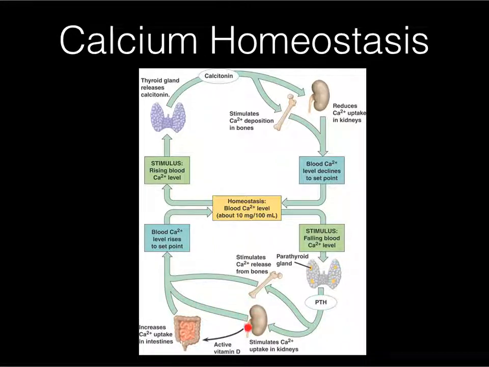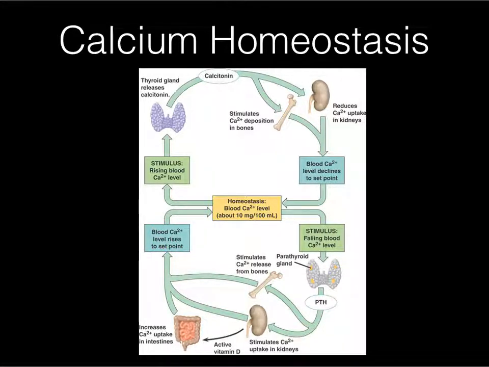And while it's in the kidneys, it will cause the kidneys to turn calcidiol into calcitriol, and calcitriol goes to the intestines and tells your intestines, absorb more calcium. And so your intestines absorb more calcium, and that calcium also goes into your blood. All of these things act to increase your blood calcium levels.